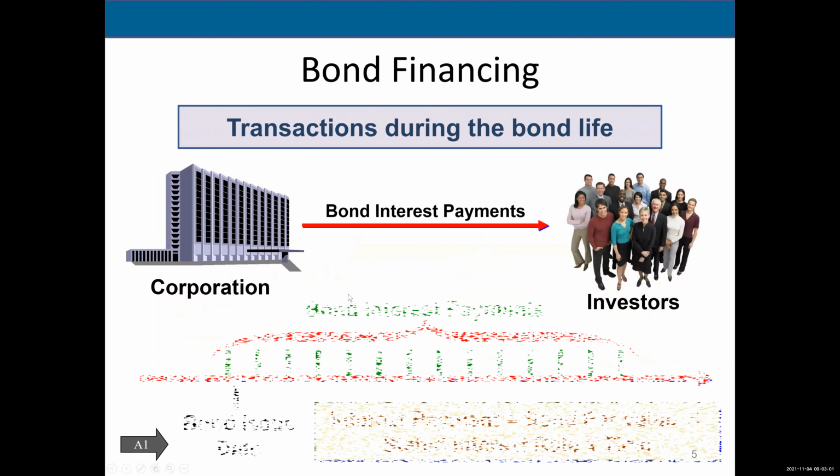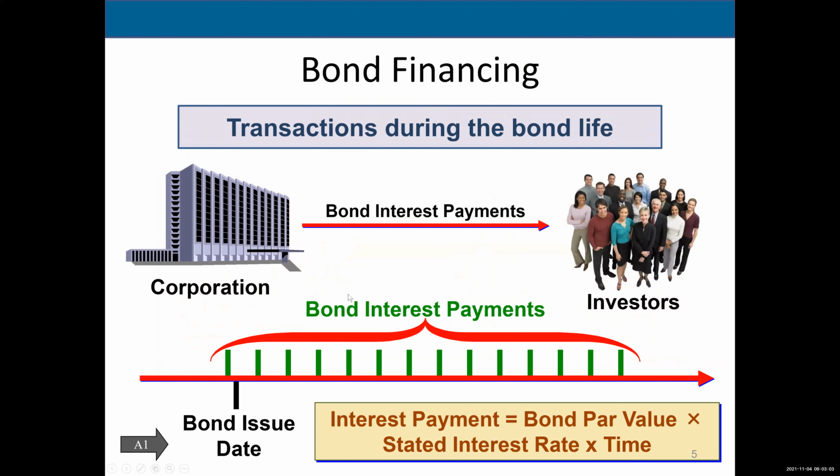When you think about bonds, it's different than a regular notes payable, where you sign a note and on the maturity date you pay back the principal and the interest.